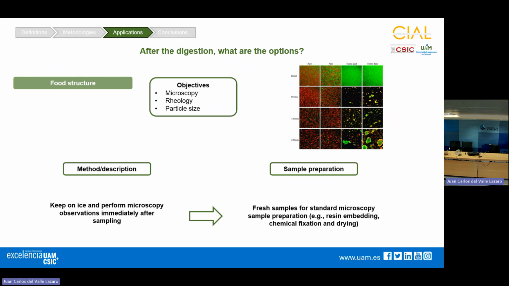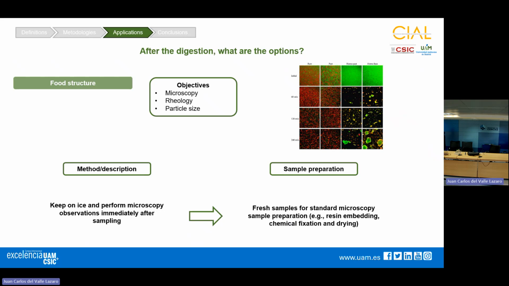Okay, doesn't matter the time. But the important thing we see here is that the protein is going to disappear because it's digested, of course, and we're going to release peptides. And the lipid phase tends to aggregate. So the different structure could be seen, actually.